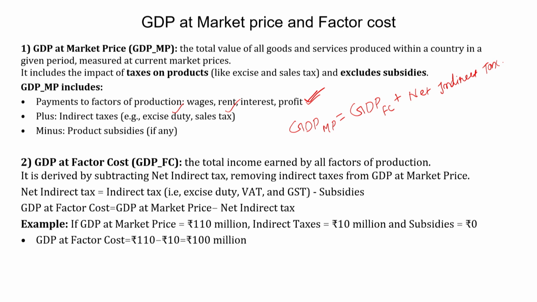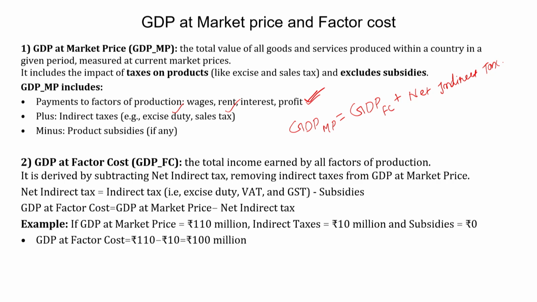GDP at factor cost means the total income earned by all factors of production. It is derived by subtracting net indirect tax from GDP at market prices, because normally what we get directly is GDP at market price.